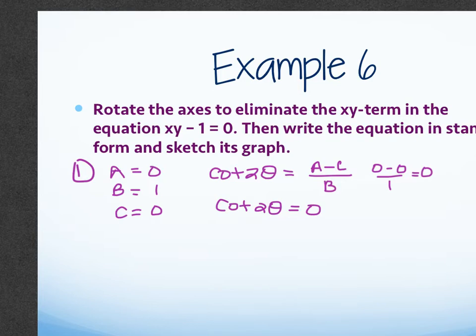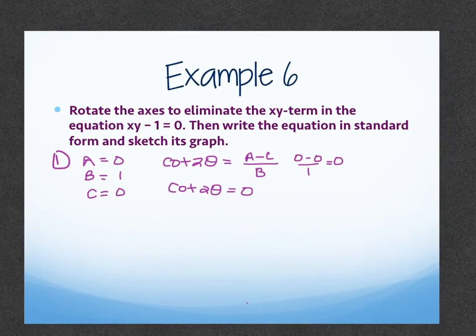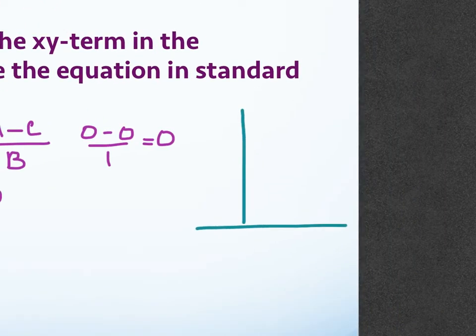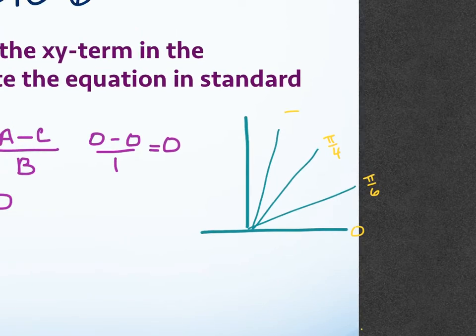Now comes the unit circle. The good news is you only need to know the first quadrant. And I've forced you to learn this so many times that this is second nature to you now, right? This is 0. This is pi over 6. This is pi over 4. Pi over 3.